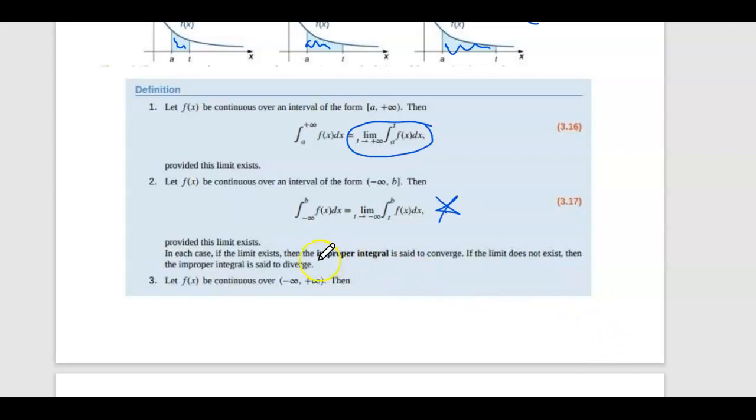If that limit exists, if you find a real number, then we say that improper integral converges. But if it doesn't exist, then we say it diverges. Those are two very important terms to know. Converge means that you have a number. Diverge means it goes to infinity.